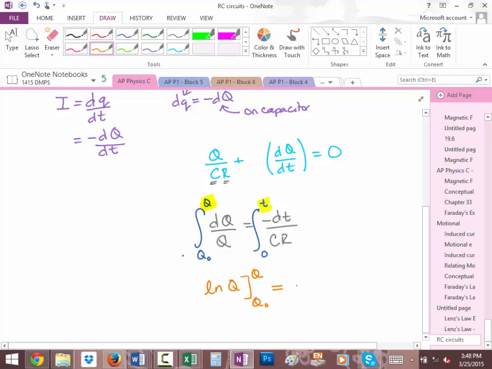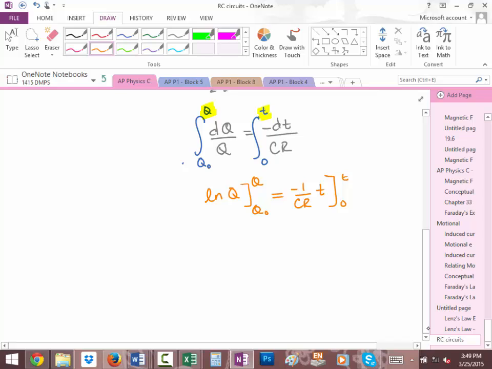Constant. They are constant. So we have negative 1 over CR times time, evaluated from 0 to t. Plus C. Well, I don't need a plus C because I have my limits, right? They cancel. Right. So it's okay.